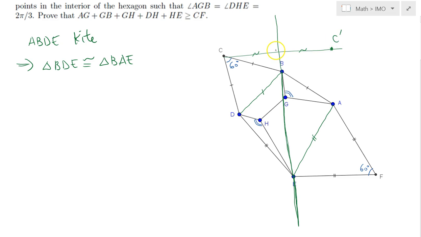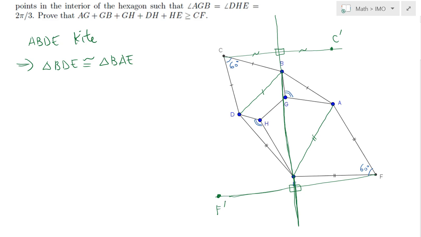And secondly, this is a 90-degree angle here, I will also reflect F across BE as well. If I drop a perpendicular here, so that those distances are equal, these are 90 degrees. So F prime would be somewhere here.